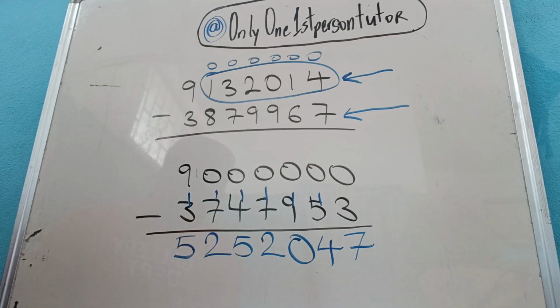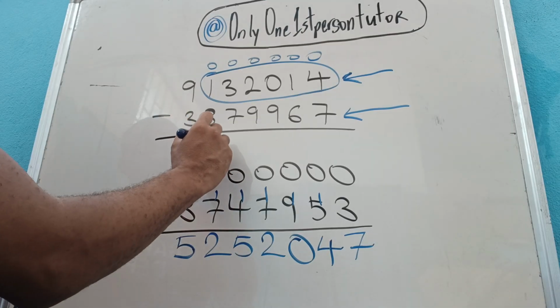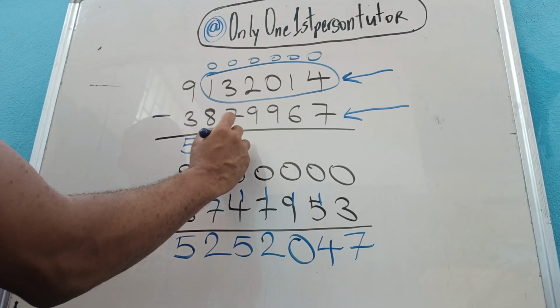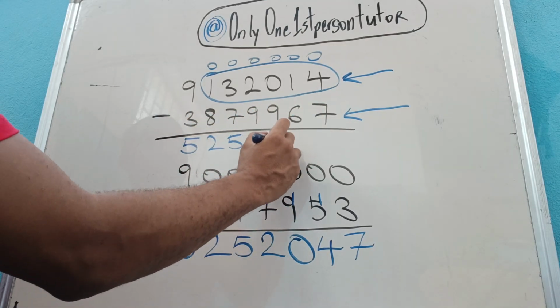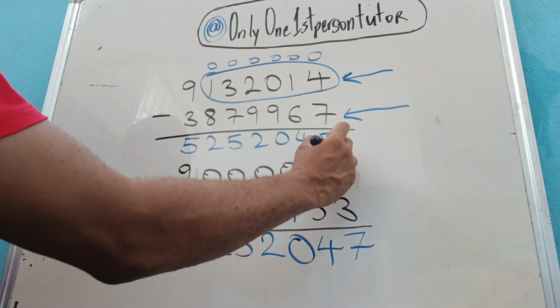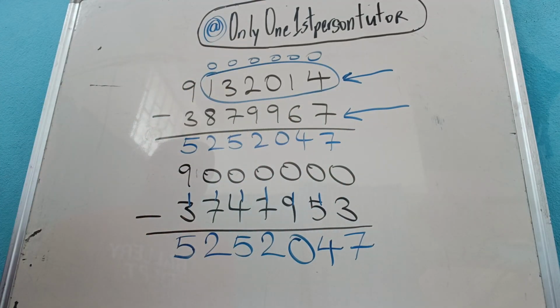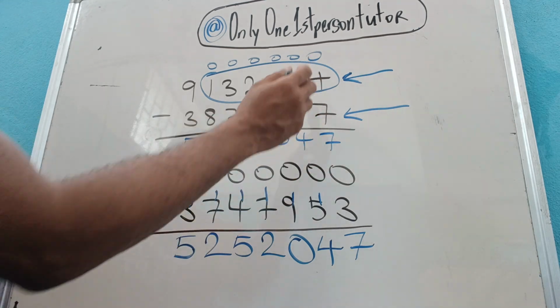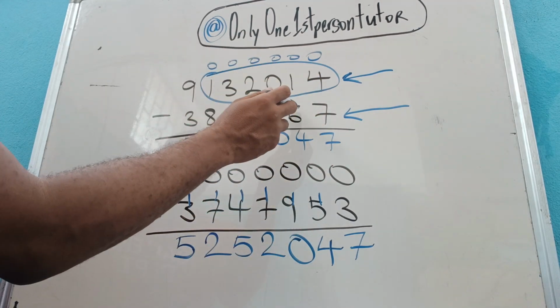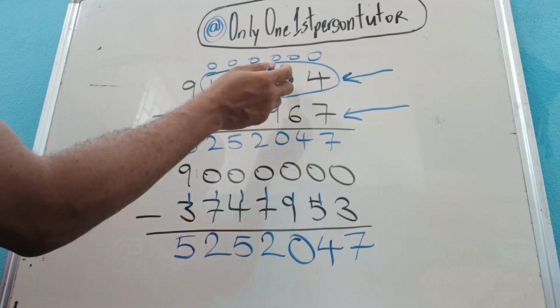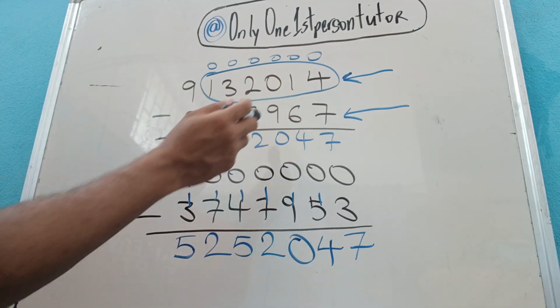Now take this number and put it up here, and see if when we add these two numbers together, it actually lines up. Let's see. 7 plus 7, 14. We have the 4. Carry the 1. 1 plus 6 plus 4, 10 plus 1, 11. Carry the 1. 1 plus 9.